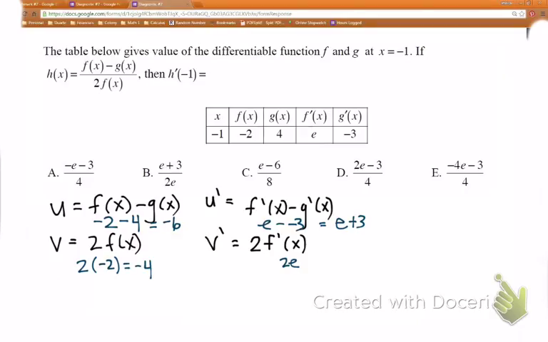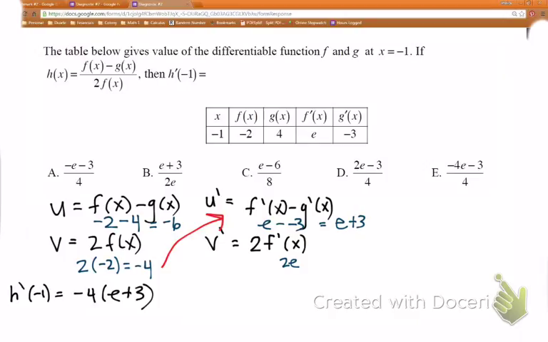So now if we multiply, it'll be a little bit easier because we don't have to worry about all those symbols and signs and everything like that. We can just multiply the values together. So I'm going to multiply this way first: -4 times e plus 3. So I'll just write h prime of -1 equals the derivative of the top times the bottom, -4 times e plus 3.